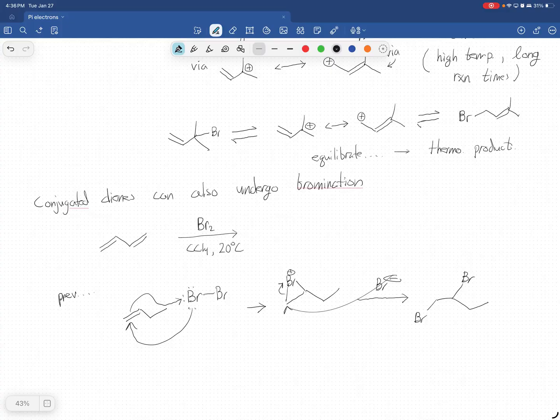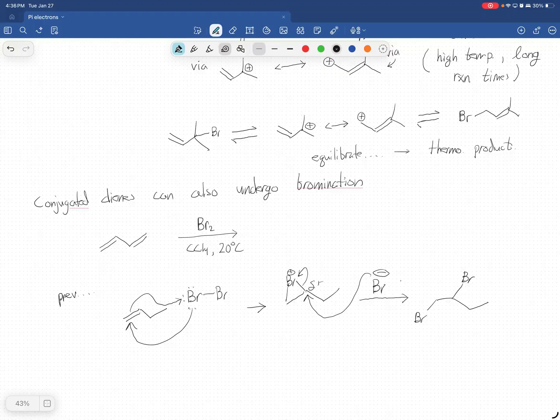And was it at the least substituted position or the more substituted position that bromine attacked? I think it was the opposite, right? Let's modify that a bit. My bad, guys. Bromine actually attacked at the more substituted position, because there's more partial positive character here.